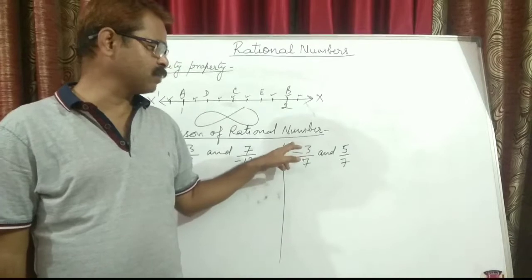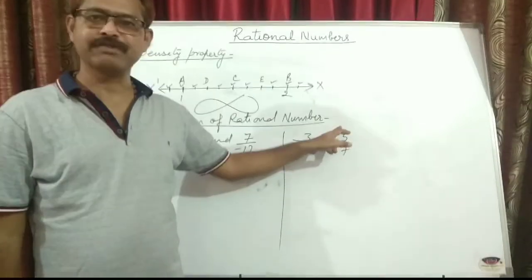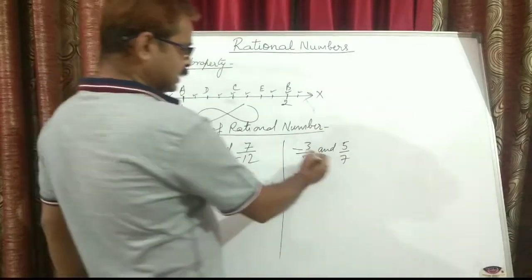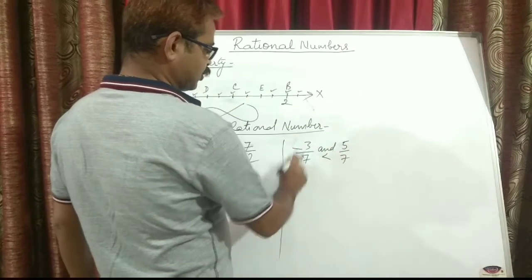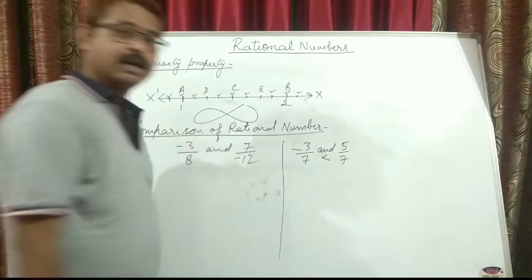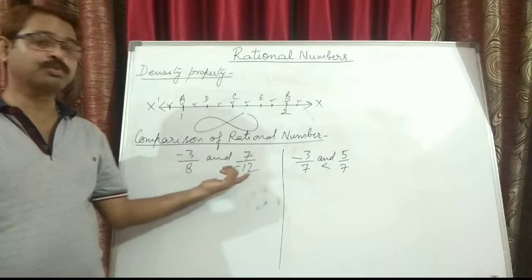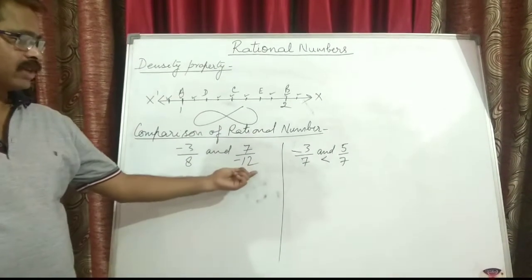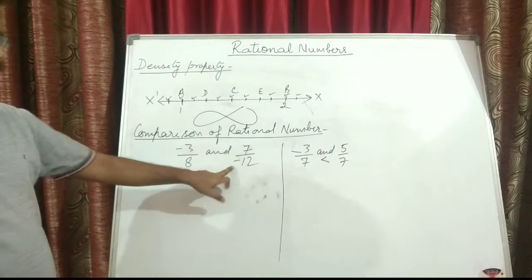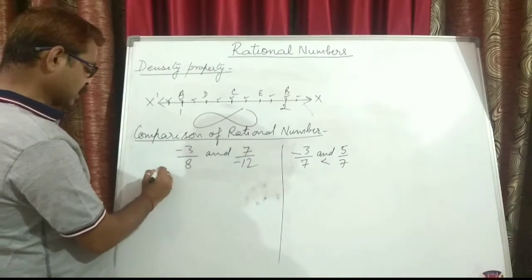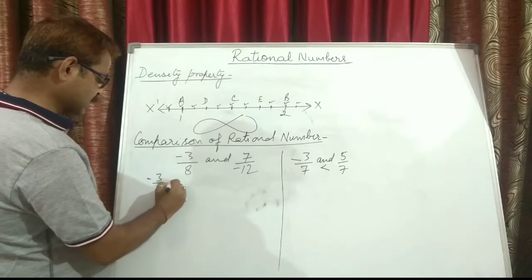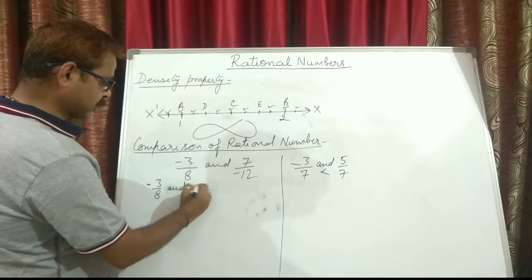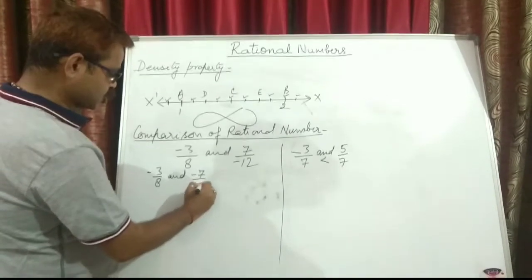So you can easily make out that minus 3 is less and 5 is greater. So you would have said that minus 3 upon 7 is less than 5 upon 7. But in this case, I have taken two numbers with different denominators. One is 8, the other one is 12, because it is 7 upon minus 12, and just now we have learnt that 7 upon minus 12 can be written as minus 7 upon 12.